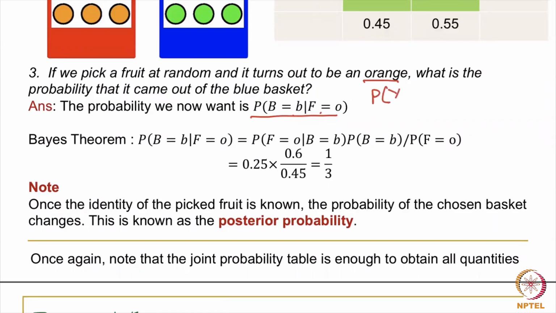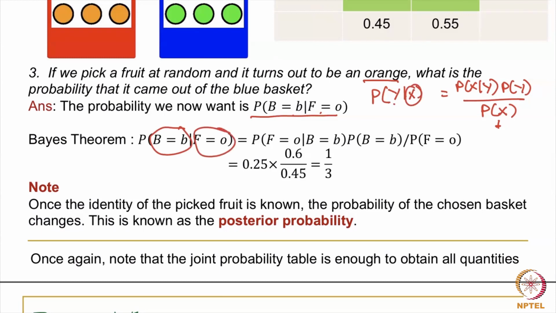We can say something like P of y given x is P of x given y, P of y divided by P of x. Of course, as we will see shortly, this P of x has further components. Here y is the basket, x is the fruit.